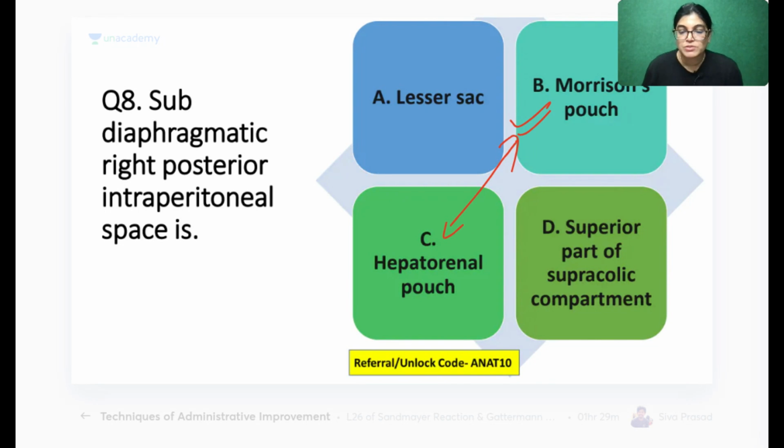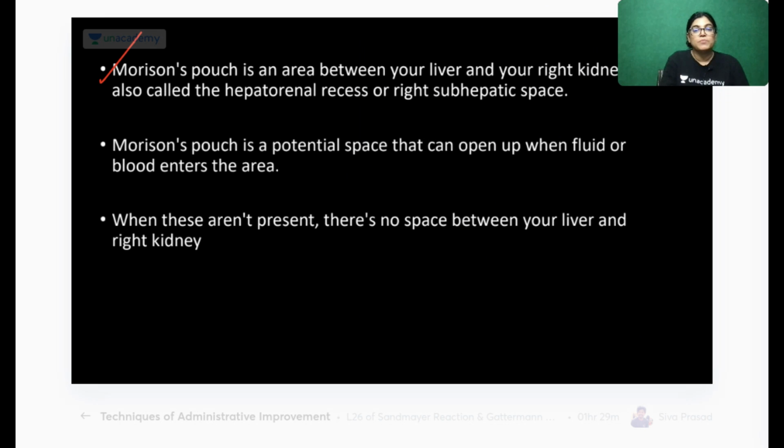So yes, you are absolutely right that this is a confusing one because both B and C appear to be the correct answer. But if both options are there, you have to go for Morrison's pouch because the hepatorenal pouch of Morrison is the correct answer. So in this way, we will choose B as the correct answer. Now, Morrison's pouch is a space lying between the liver and the right kidney.